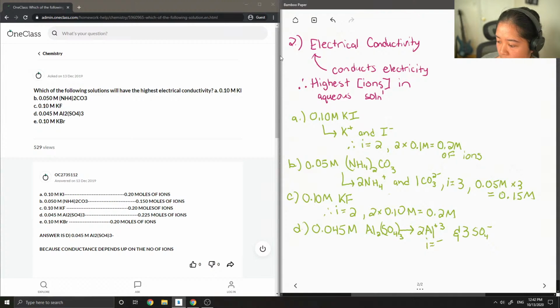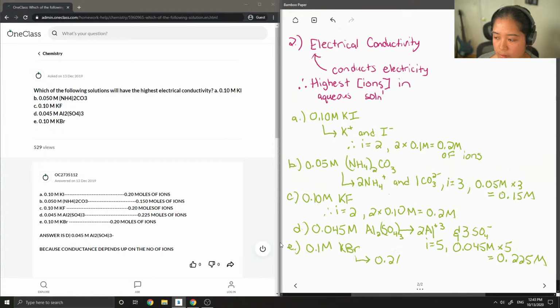So in total there are 5. I multiply this by the concentration and I end up with 0.225 molar. So far this is the most conductive. I'm just going to look at the last one real quick. 0.1 molar KBr. This is the same as the first one again. You get 0.2 molar of ions.